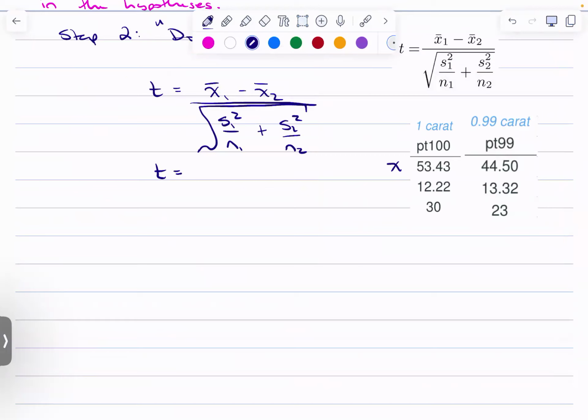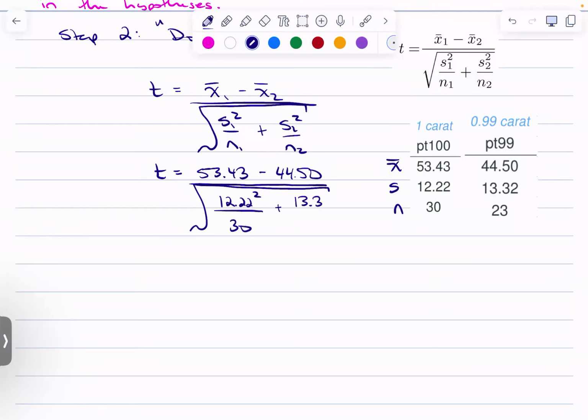This is our X bar, this is our S, and this is our N. So X1 bar, X2 bar, S1, S2, N1, N2. 53.43 minus 44.50 divided by the square root of 12.22 squared divided by 30 plus 13.32 squared divided by 23.